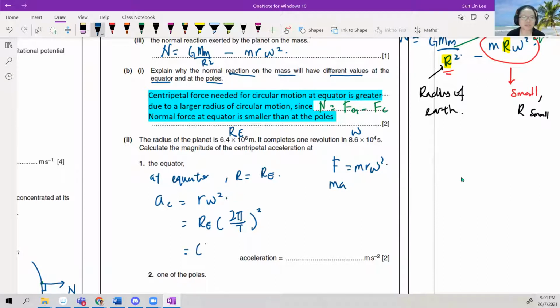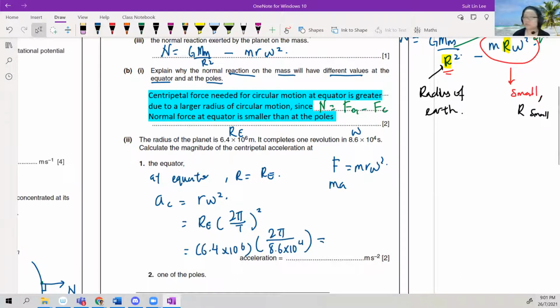So now we can put things inside. 6.4 times 10 to the power of 6, times 2 pi over 8.6 times 10 to the power of 4. So very nice, they convert 24 hours to seconds for you. Good job.